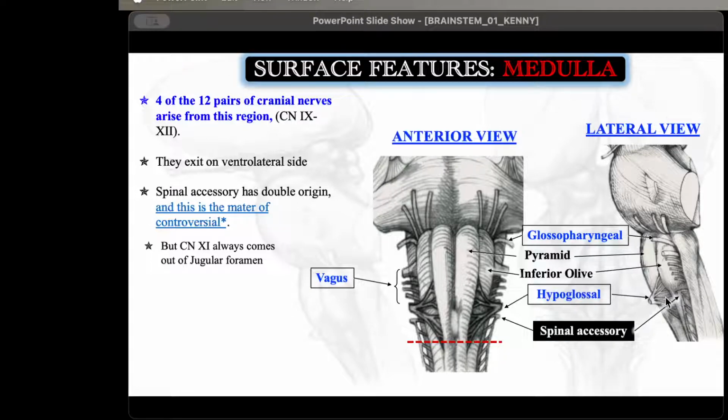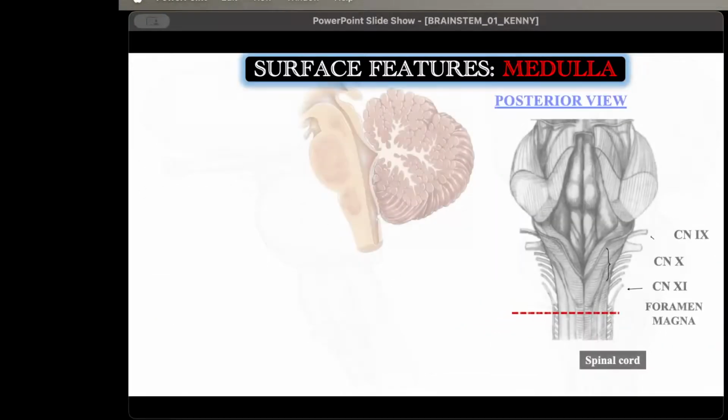So it's also known as the pre-olivary sulcus, because it's just before the olive that you find this nerve. So it originates from the pre-olivary sulcus, just between the pyramid and olive.